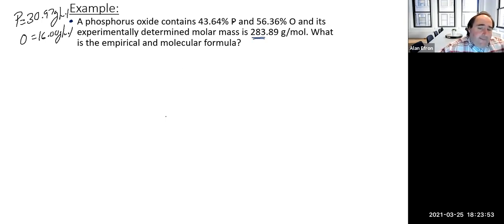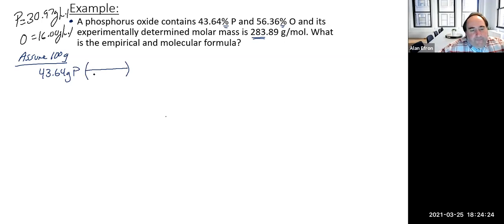Just like last time, we're given some percentages here. We want to quickly take a peek at them to make sure they add up to about 100%, and roughly looking, they do appear to add up to 100%. That means we can assume that we have 100 grams of this substance, which just turns these percentages into grams, the same numbers. That means we would have 43.64 grams of phosphorus, which we want to convert into moles. We would go to the periodic table and divide by 30.97.